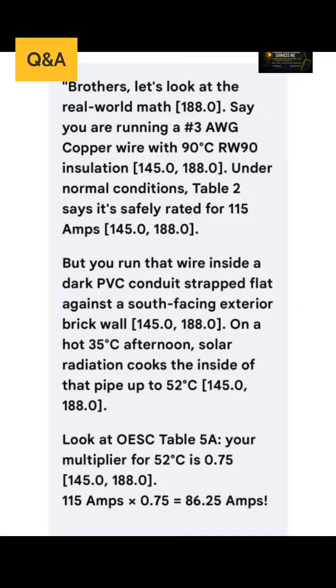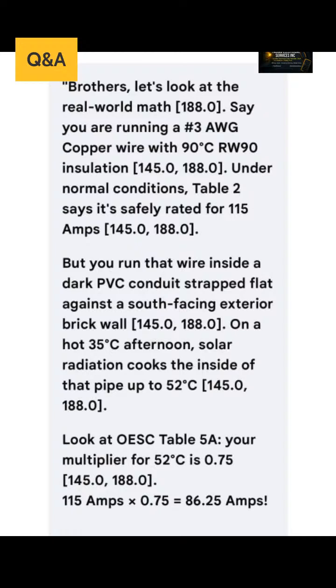So, brothers, let's look at the real world math. Say you are running a number 3 copper with 90 degree RW90 insulation. Under normal conditions, Table 2 says it's safely rated for 115 amps.